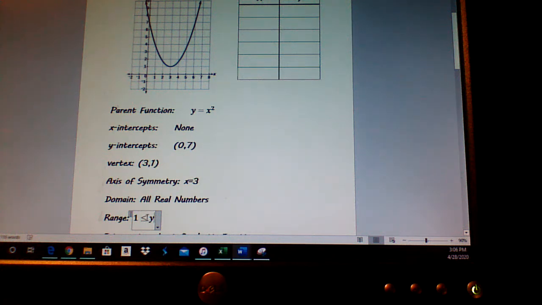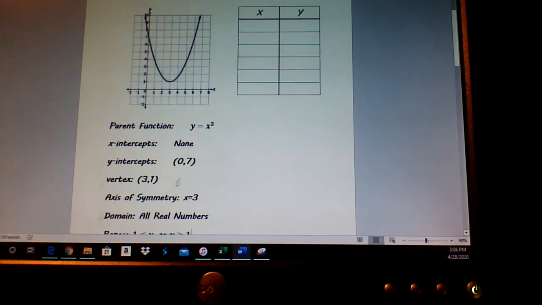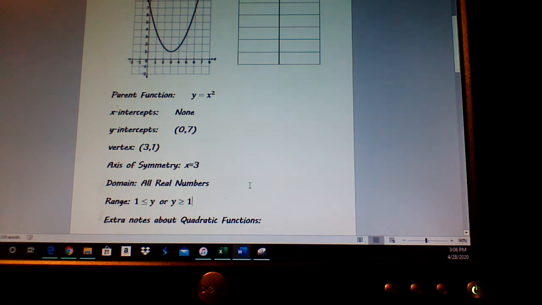In other words, the opening has to be facing the y. So you could write it like this, or you could have also written it like this: y is greater than or equal to 1. Both ways to write it are exactly the same. In both cases we have greater than or equal to. The opening is facing the y. That's the key thing.